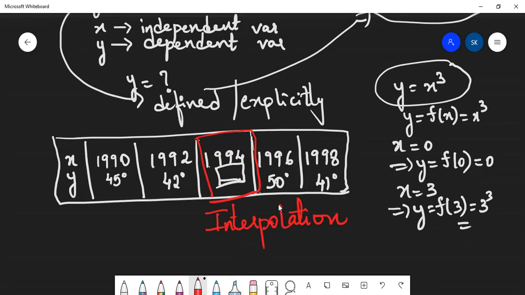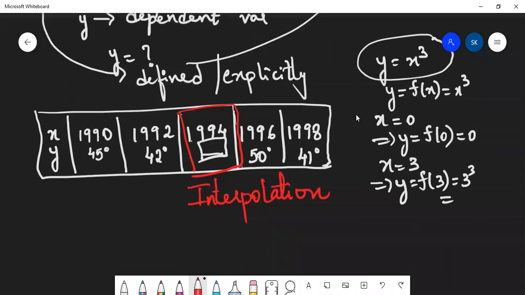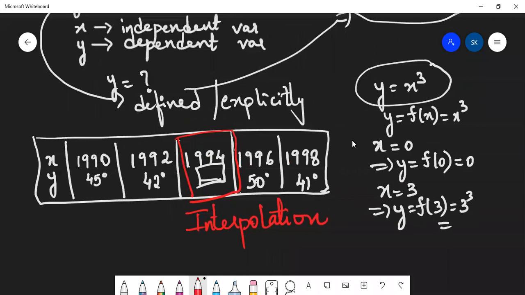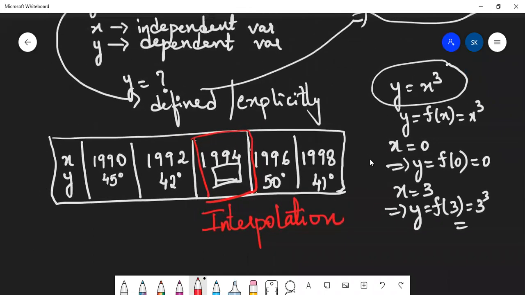And in this process, if it is a polynomial, then it is called polynomial interpolation. Basically, these tabulated values are for the function y equal to f of x, which is not known explicitly. I don't know the exact function, but I have the tabulated values, right?